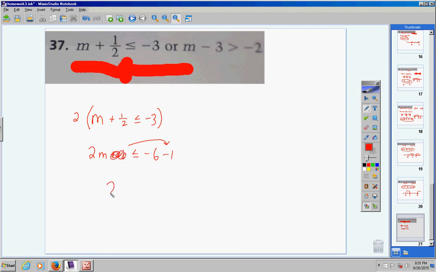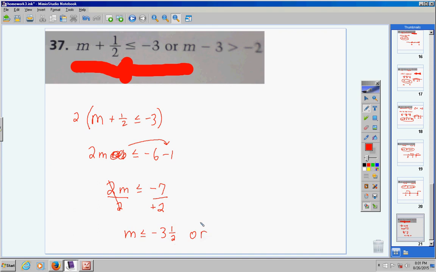So now I'm left with 2m less than or equal to negative 7. Okay? Now, divide by 2, divide by 2. Those cancel. And I'm left with m is less than or equal to a negative divided by a positive is negative. And 7 over 2 is the same thing as 3 1/2 or 3.5. There. Now put the word or.